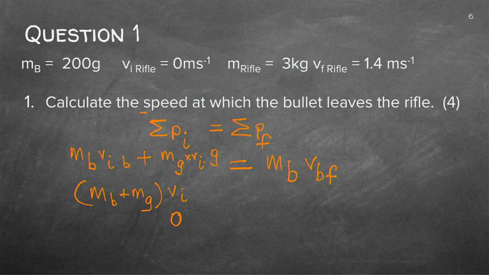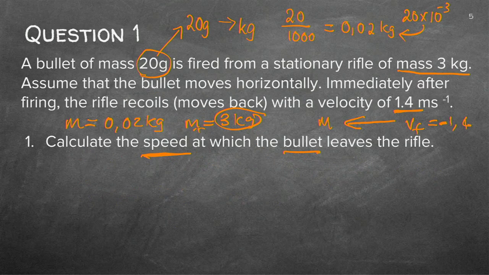And I think that's what they asked me. What is the speed? So I don't know what that is. Plus, I know I've got the gun and I've got the gun's final velocity. So what do I have? I've got the mass of the bullet. It's 20 grams.